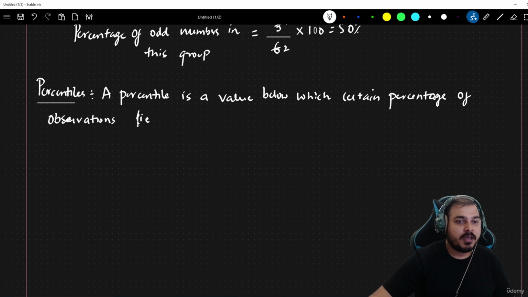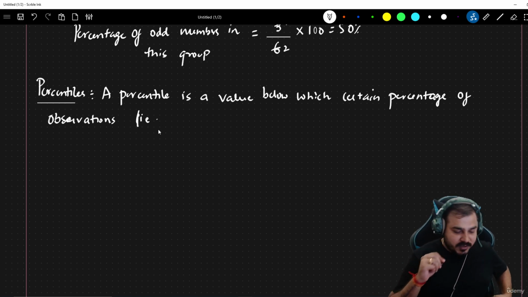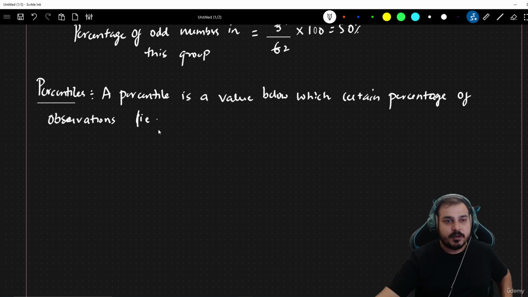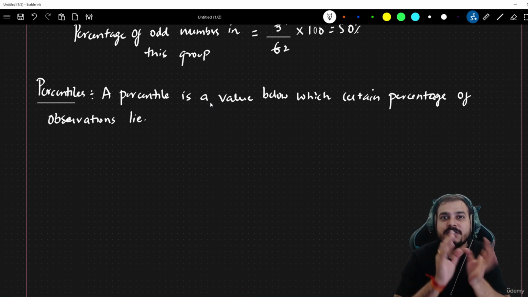Don't worry if you are not able to understand this definition. I will take you through a specific example through which you will be able to understand. But let's revise this definition properly. A percentile is a value below which a certain percentage of distributions lie.